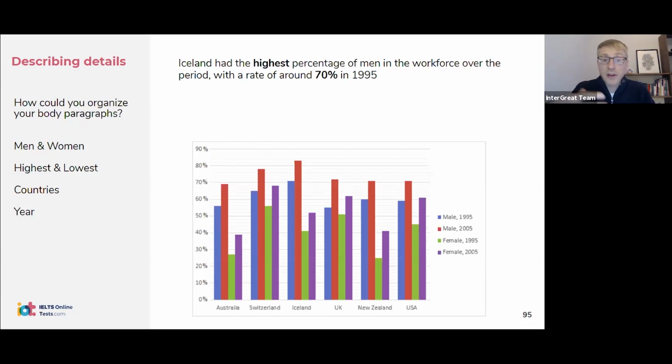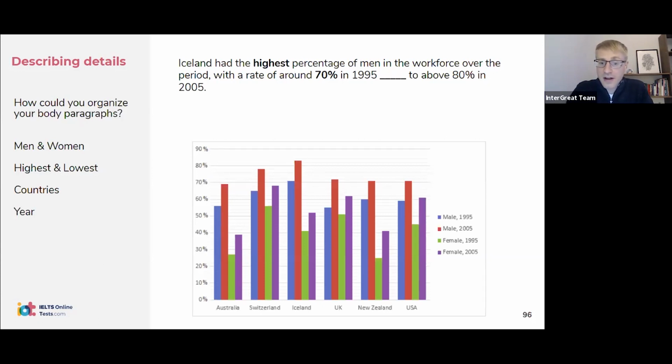And actually, it's nice to use language like around or roughly, approximately. This is more academic, okay? Because we're interested in the general number, not the exact number. Okay, so that's Iceland in 1995. Something to above 80% in 2005.